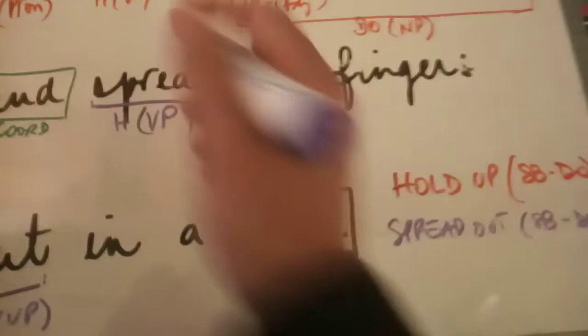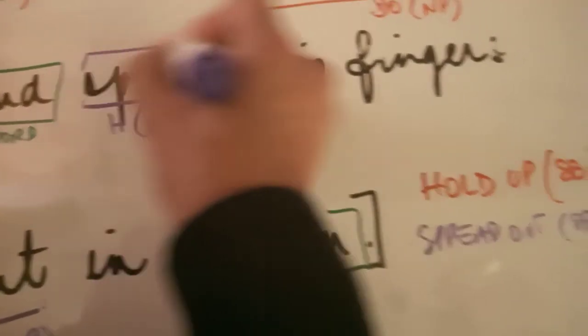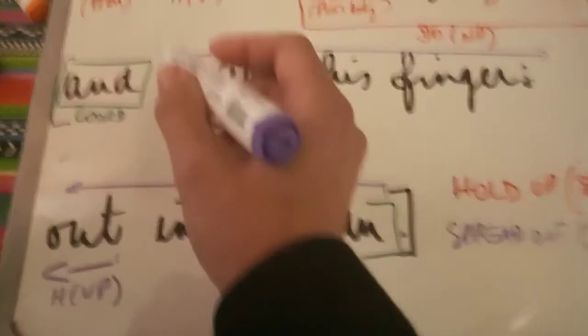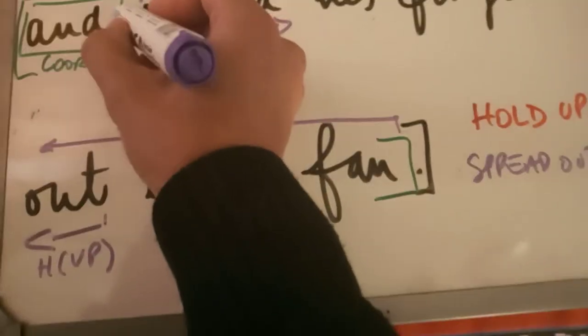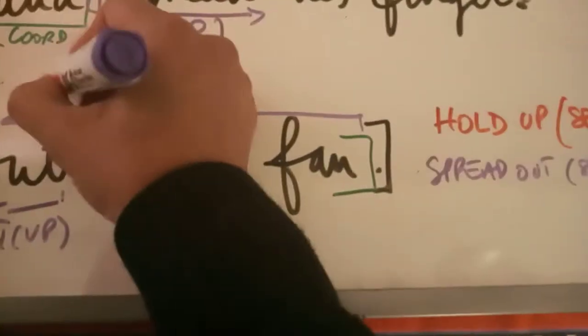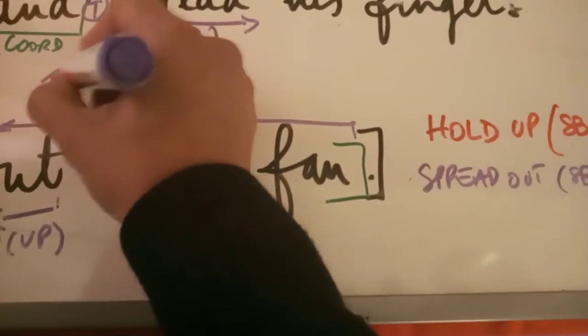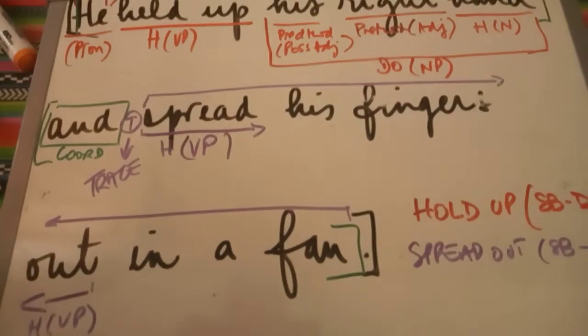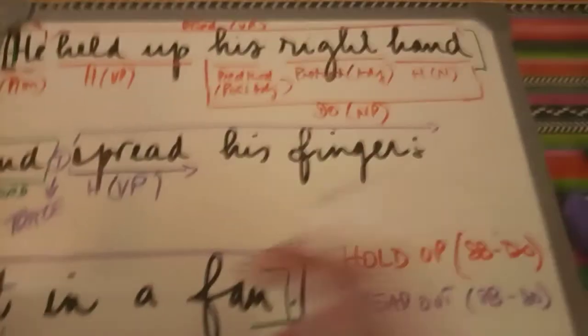In this case, we will find that the subject has been omitted, and what we are going to do, this is the first time this happens, we are going to write here a T for trace. The T stands for trace, which is where the subject was originally.